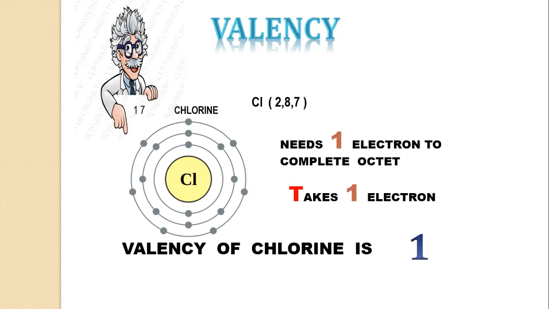Whenever an atom takes electrons, what are electrons? Negatively charged particles. So whenever an atom takes electrons, it becomes a negatively charged particle. So students, giving of electrons gives positive charge, taking of electrons gives negative charge.